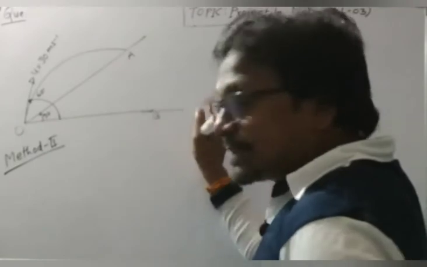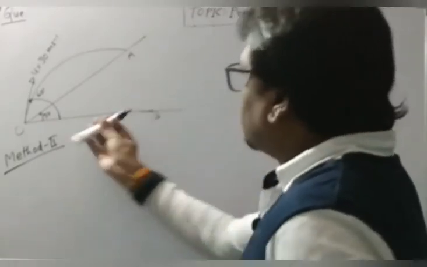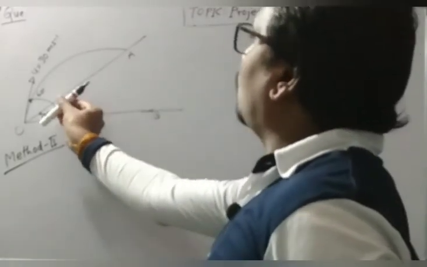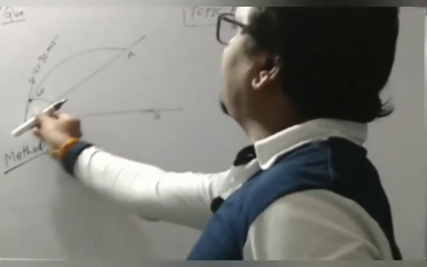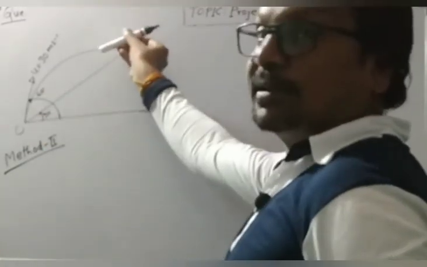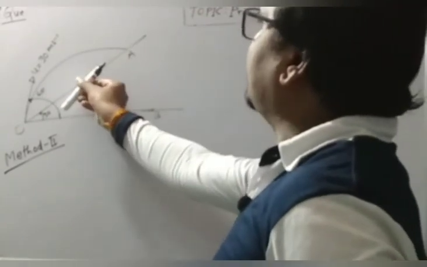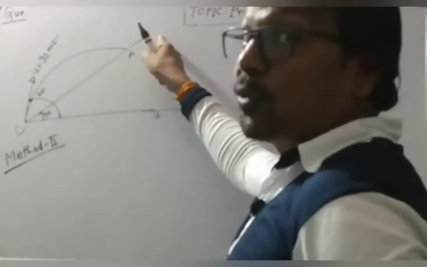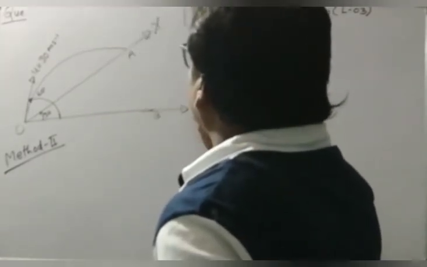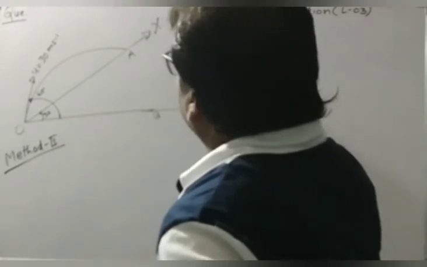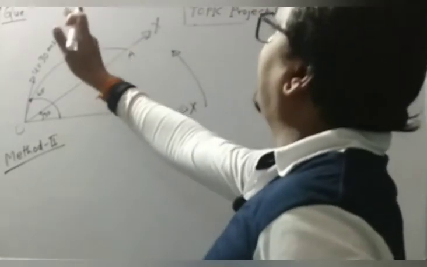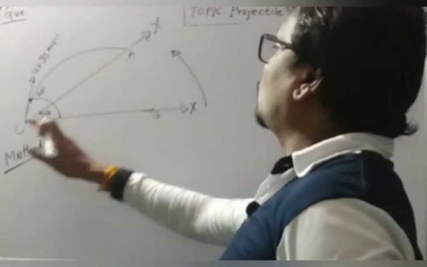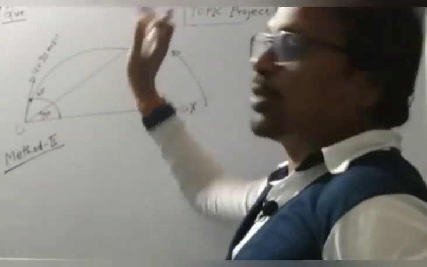OB is the x-axis and someone just raised OB up till this OA line, so that this x-axis is now along OA. That means OA is our horizontal line. This was the x-axis, and this axis has been rotated by 30 degrees, so that it is along OA now.